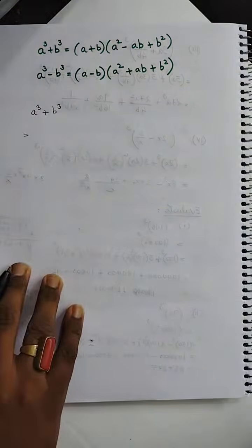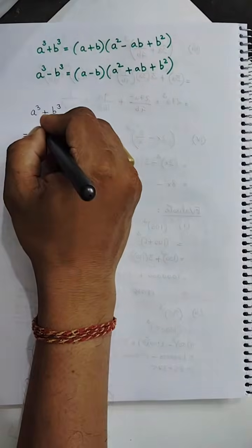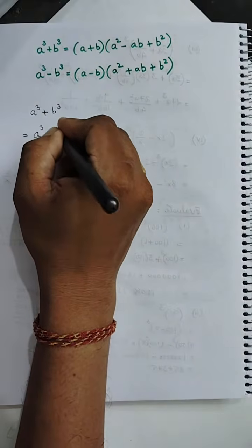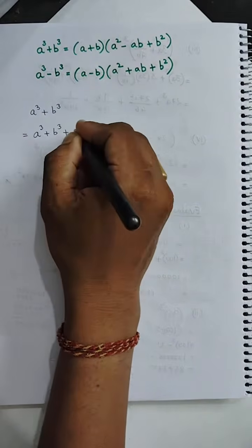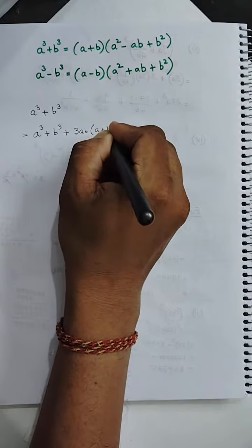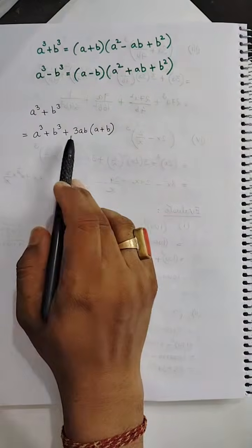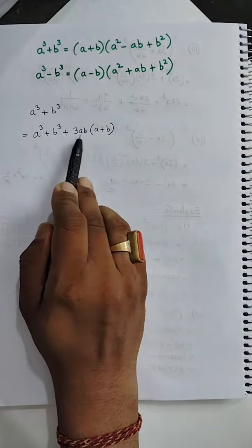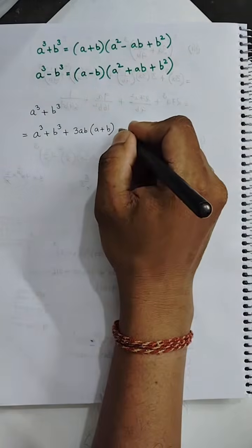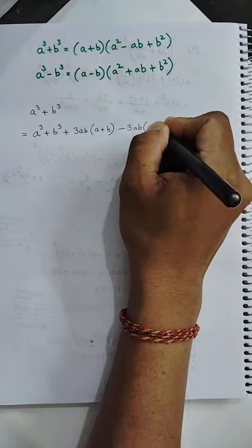I can rewrite this a cube plus b cube as a cube plus b cube plus 3ab into a plus b. And just to balance this plus 3ab into a plus b, we are going to write minus 3ab into a plus b.